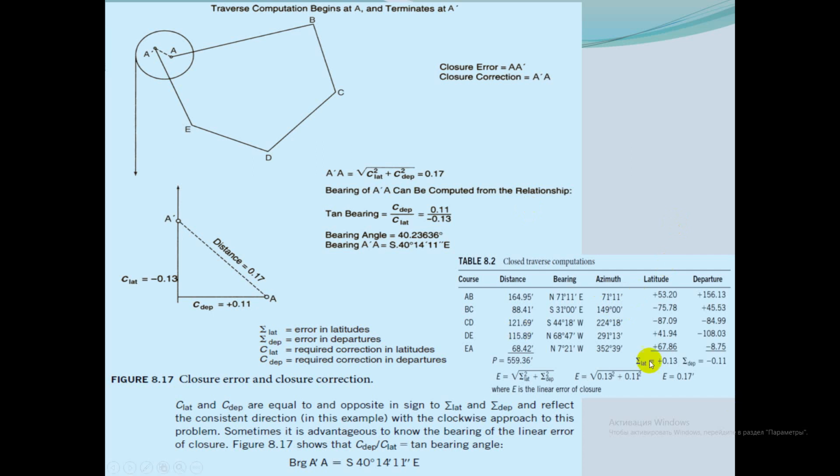Here, bearing, azimuth, and then latitude fail to close by 0.13, and the departure failed to close by 0.11. Compute the linear error of closure.